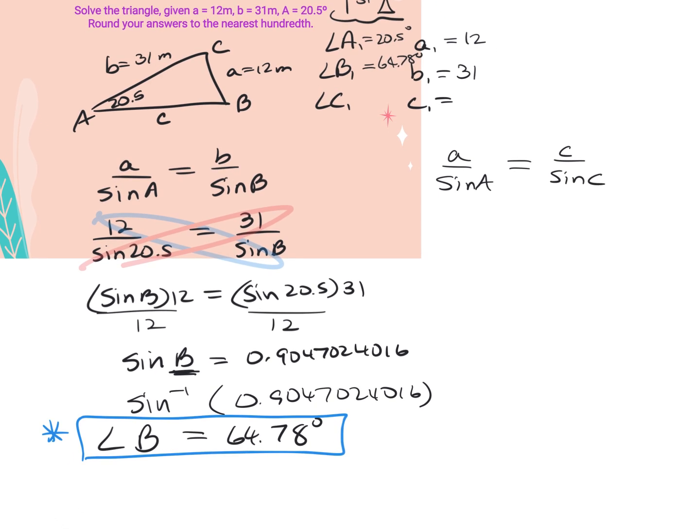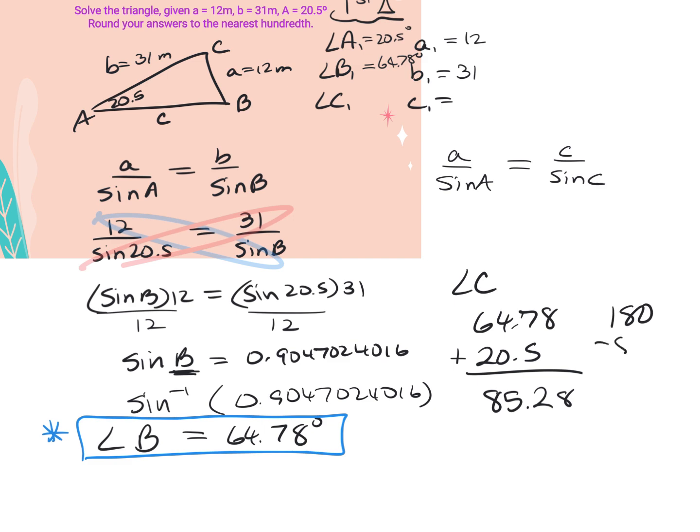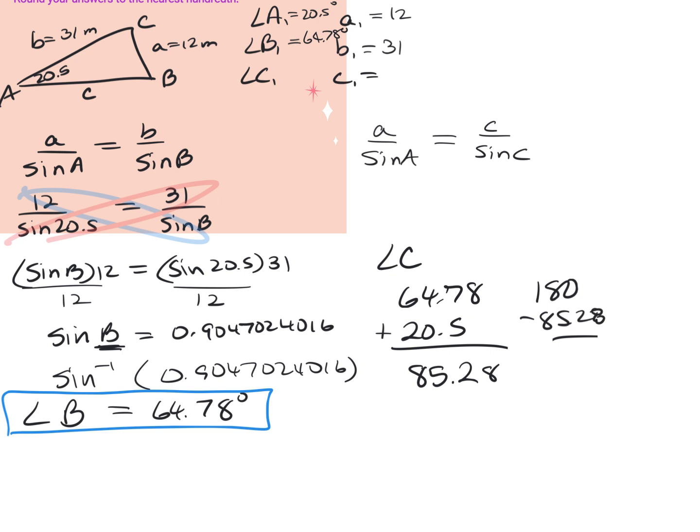So remember, to find angle C, we're going to take the angle we just found, add it to the one they gave us, and then subtract that from 180. So 20.5 plus 64.78 gives me 84.28. Subtract that from 180. And my angle C is equal to 94.72.